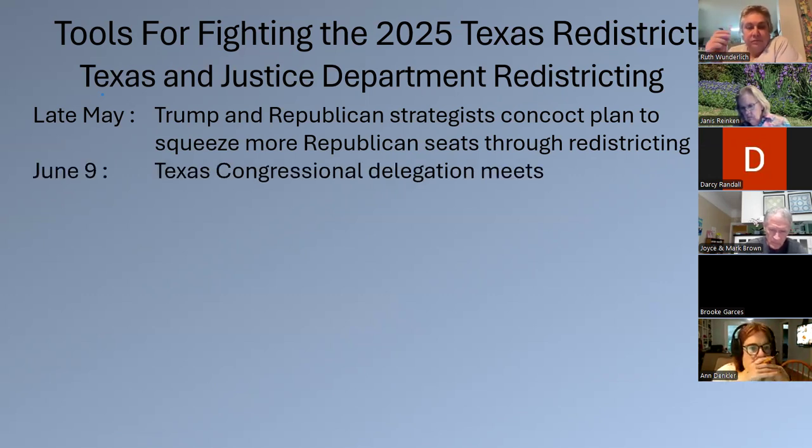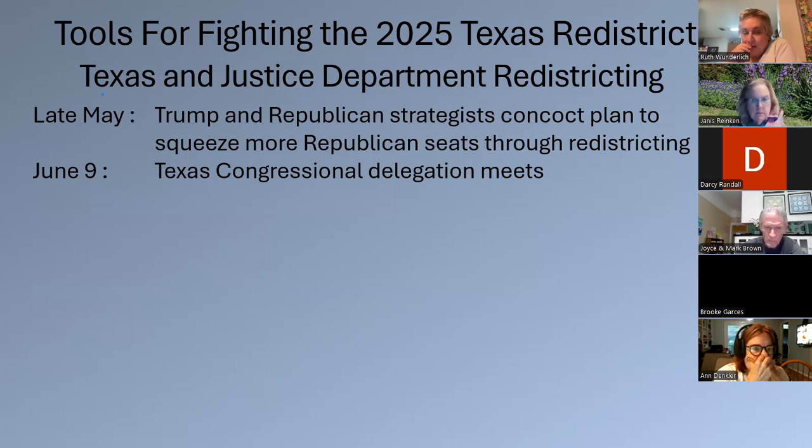It got to the point in early June that the congressional Republican delegation got in on the thing and started working on the maps, mostly because incumbents want to stay in their area if possible. And if their base is in a certain area, they want to keep that in their district because that's where their money comes from.